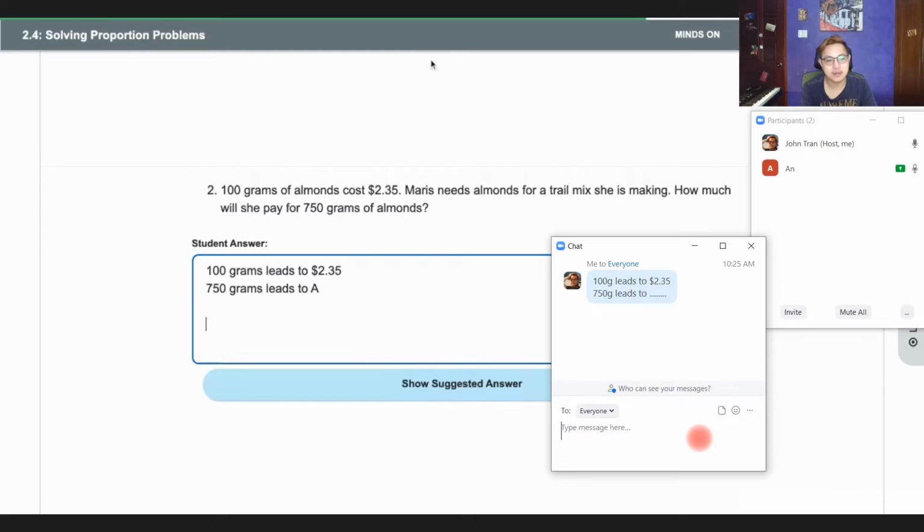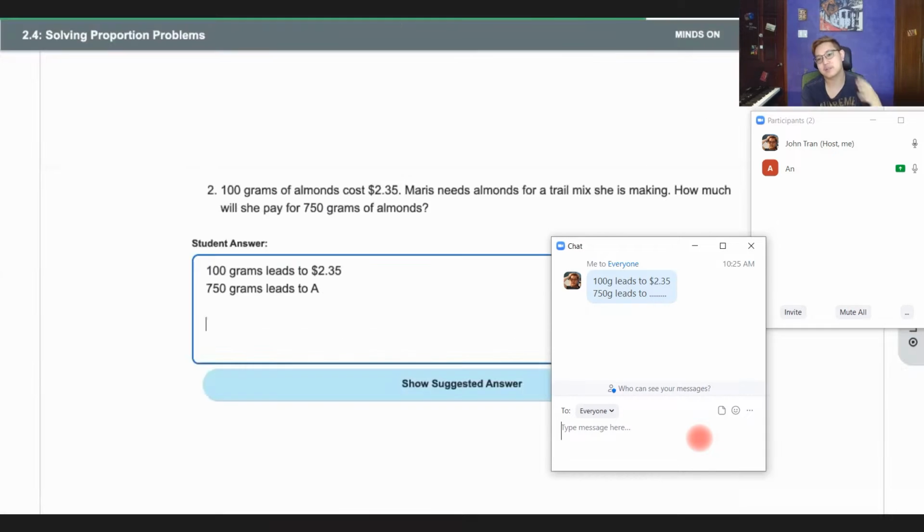Okay, so look at the number you start with, 100 and 750. How many times different are they? Think about it. 100 to 750 is like 650 difference, I mean in terms of how many times different. Okay, take 750 divided by 100.